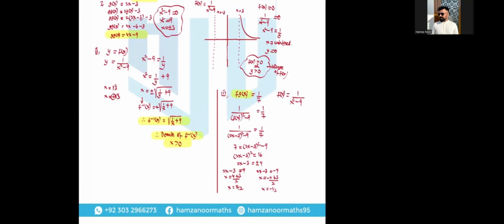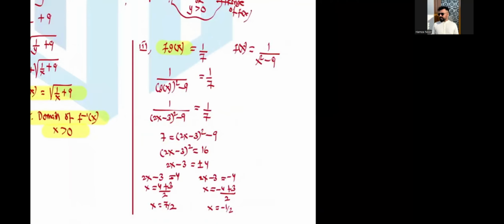Let's say if I make a sketch like this, I have a value 3. If I say x is greater than 3, it means something like this, with the arrow moving towards the right. One value is x equals 7 over 2, which is 3.5, somewhere over here.